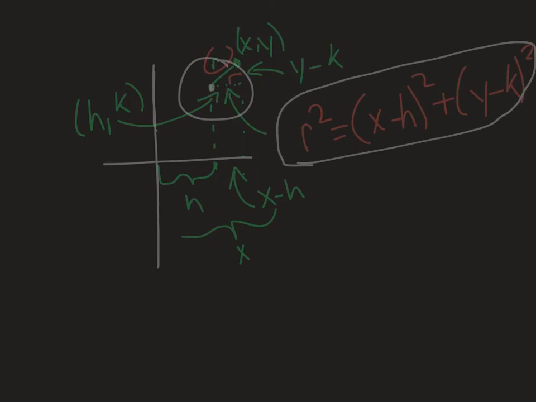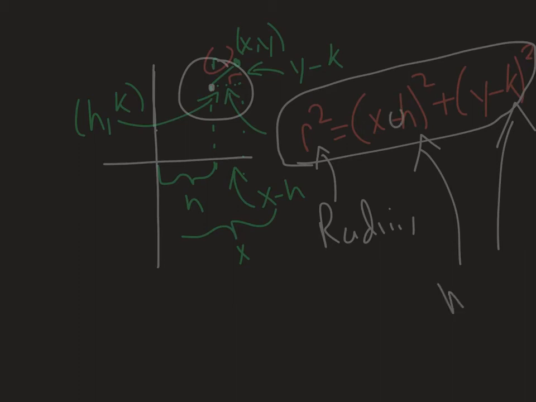I just wanted to give you an idea of where it's coming from. In this formula, r is your radius, and then h and k are the coordinates for your center. And keep in mind, there is a minus here, so you may have some sign flips to do if you're making an equation. So (h, k) is your center point.